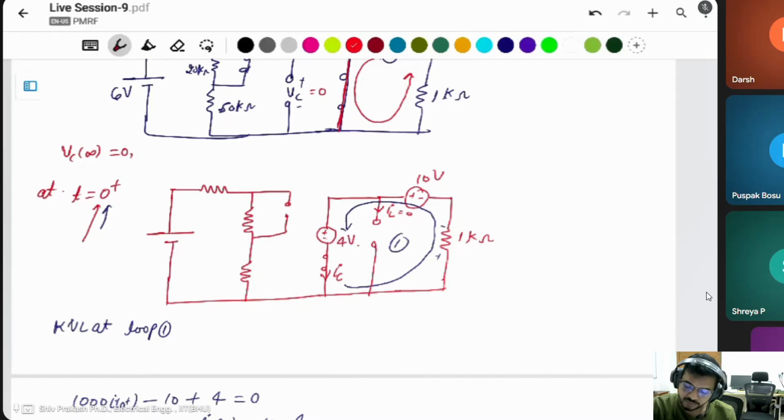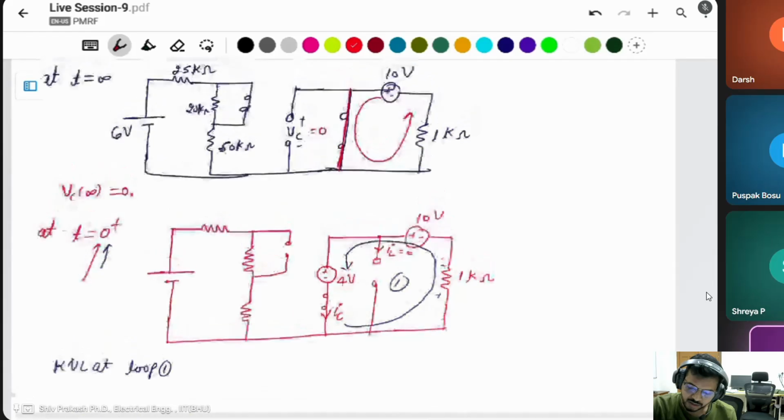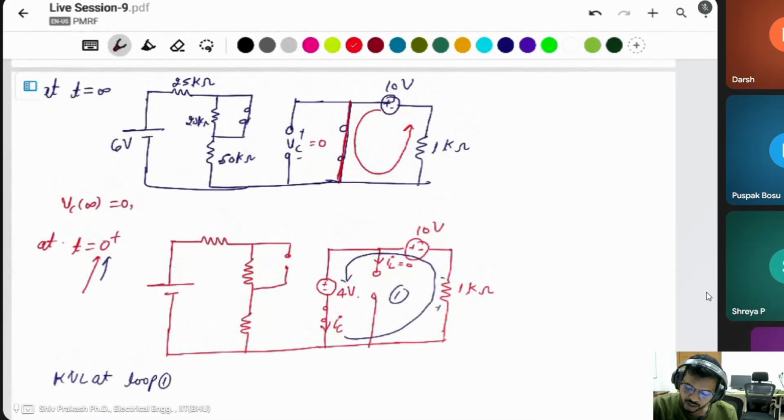After that, again, where is the short circuit, sir? After the 4 volt, because the capacitor at the initial point is behaving like a short circuit. At initial, the capacitor is short circuit and the inductor is open circuit.